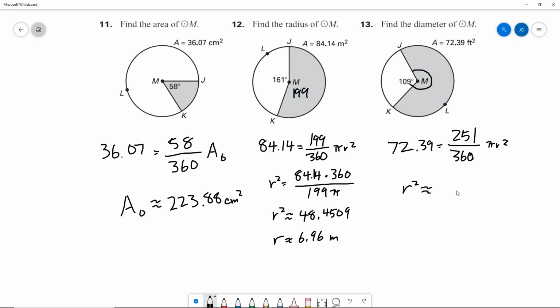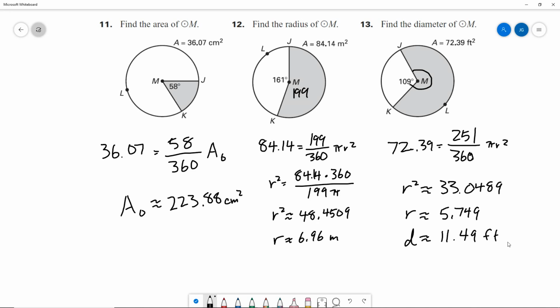When we solve for r squared, it's going to become 33.0489. Taking the square root of both sides gets us a radius of approximately 5.749, and doubling that and rounding off to the nearest hundredth gets us 11.49, and our unit here is feet.